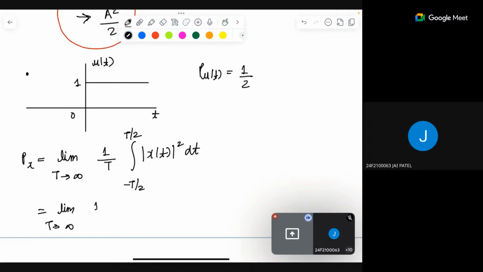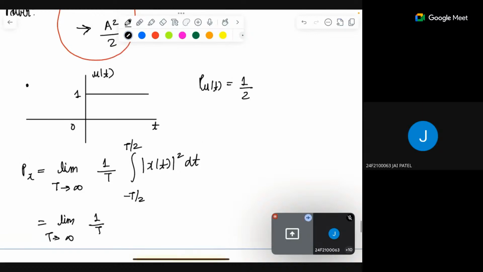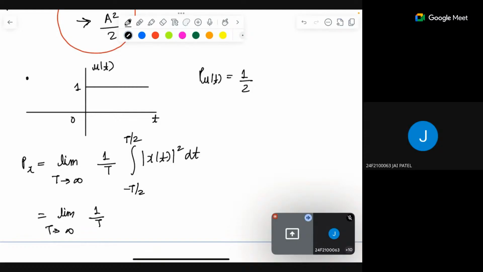Limit t tending to infinity 1 by t. u(t) is 1 in which interval? 0 to infinity, right? Yes, ma'am. Okay. Now u(t) is a real signal, so its magnitude is 1. What is 1 square? 1 again.